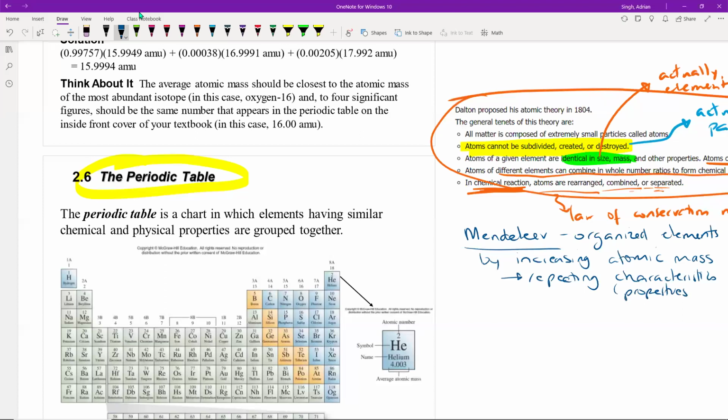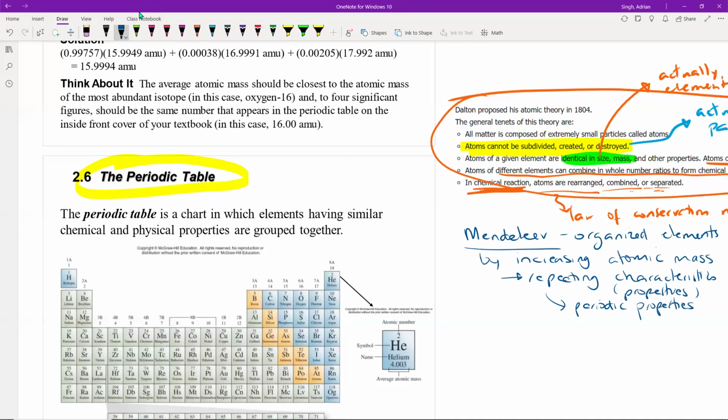In other words, as you go from small mass to a large mass, you would have a certain set of characteristics that he would observe, and then those characteristics would repeat themselves in another set of increasing atomic masses. So we refer to these as periodic properties.